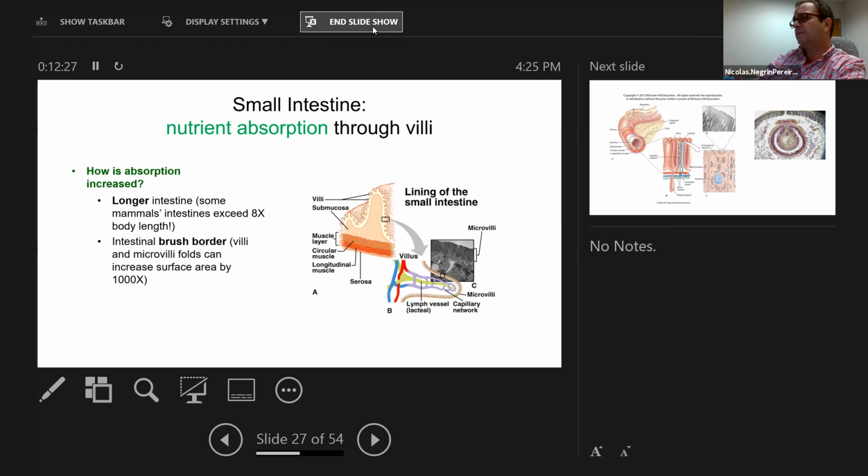Then they are lined by the intestinal epithelium, and each cell presents these microvilli. So it's a structure under a structure and inside another structure, all of them aiming to increase the absorptive, metabolic and digestive area of the intestine.